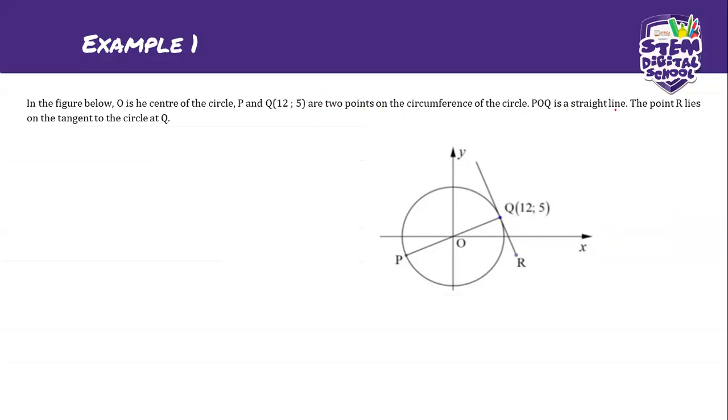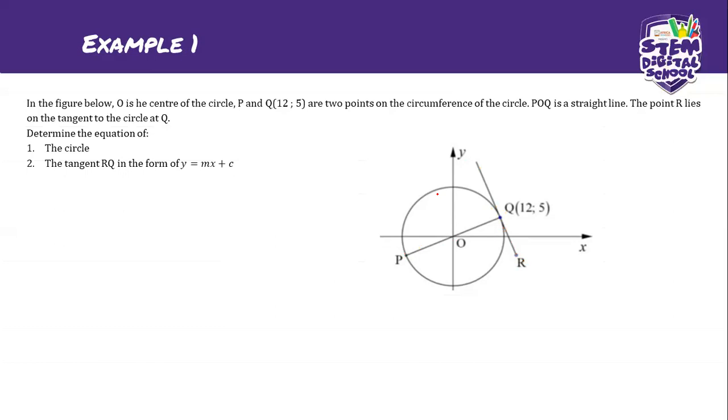POQ is a straight line, and the point R lies on the tangent to the circle at Q. So we can see this line here, POQ, is the diameter of this circle, and this RQ here is the tangent to the circle, right? Then we are having questions for this scenario.